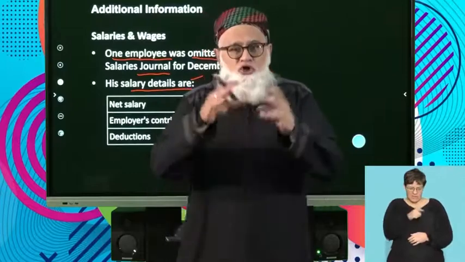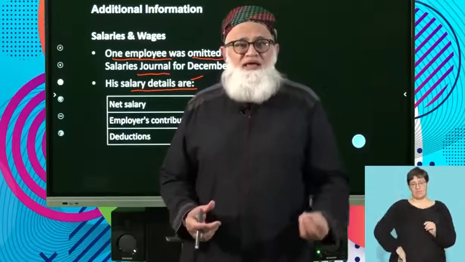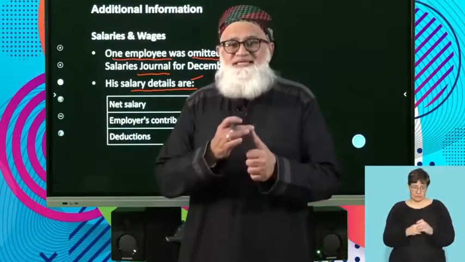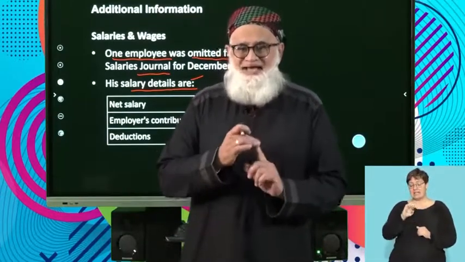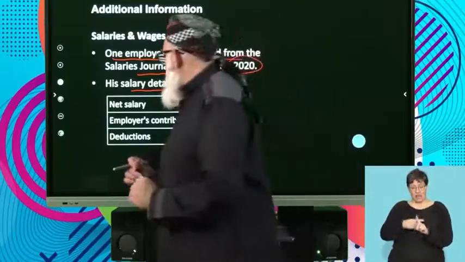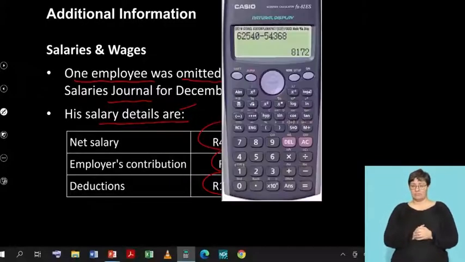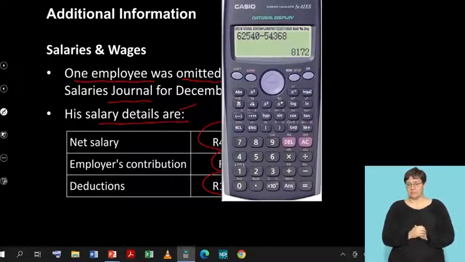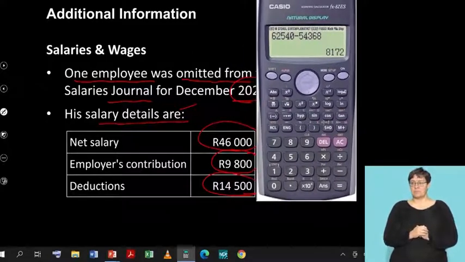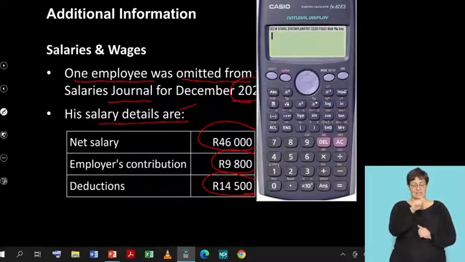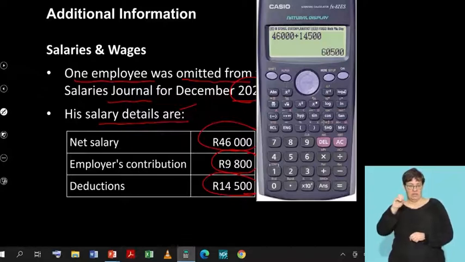I'm looking for my gross salary, the total salary that was due to my employee. So what is it? It's the net salary plus my deductions. Watch. So what do we do here? We take our figure here, which is 46,000, plus the 14,500, and that will give you a figure of 60,500.